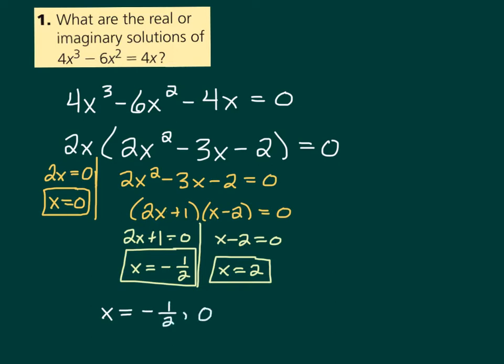Negative 1/2, 0, and 2. Right, the zeros for this quadratic are negative 1/2 and 2, but the zeros for the problem that we started with, it's a third degree polynomial, it's cubic, so there should be 3 zeros. We found 1 here, we found 2 here. All 3 of those are the answer.